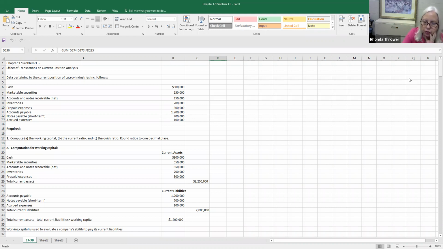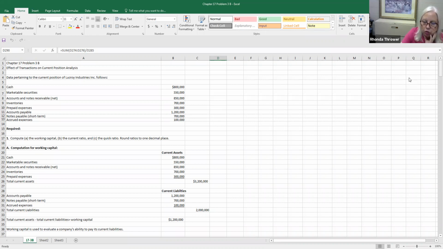You would have had current assets that total $3,075,000. Your current liabilities would now total $1,875,000. To find the working capital, we would subtract $1,875,000 from the $3,075,000, and that would give you your working capital. To find the current ratio, we would take our current assets and divide those by the current liability amounts, and that would give us 1.6.